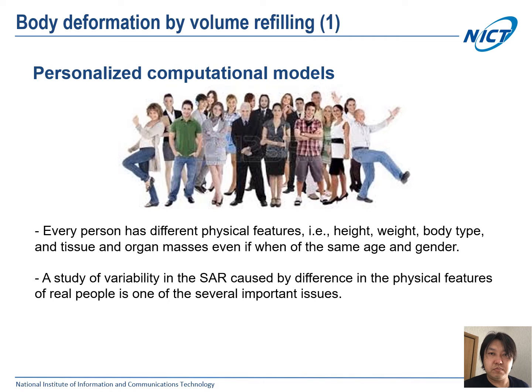And the study on the validity of numerical dosimetry with physical features of the human body is one of several important issues of EMF dosimetry. We can personalize computational models from the existing model by applying the volume refilling.